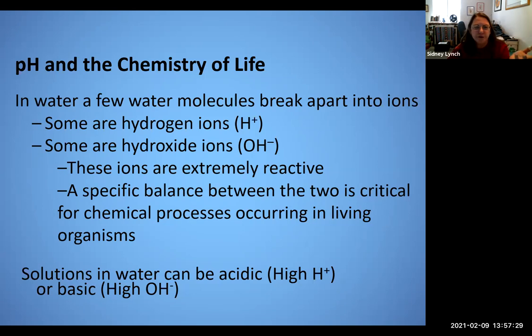So these ions are very reactive, and there's a specific balance between the two that is really critical for chemical processes to take place. We're going to talk about how pH affects chemical processes because it affects enzymes, and enzymes drive chemical reactions.